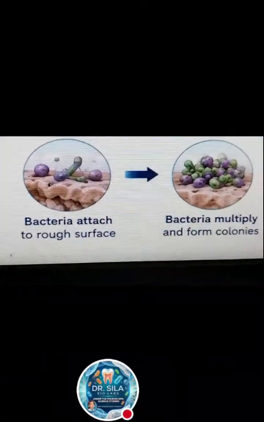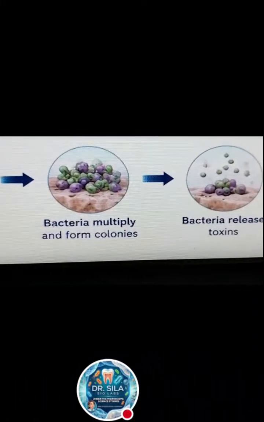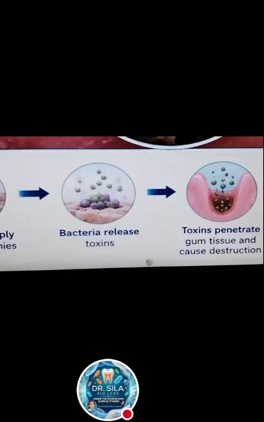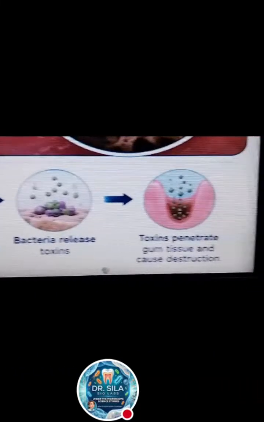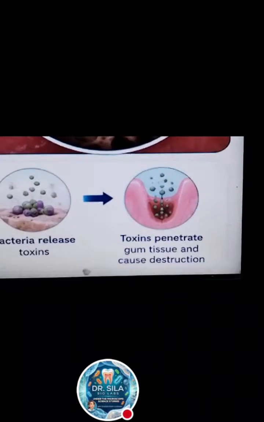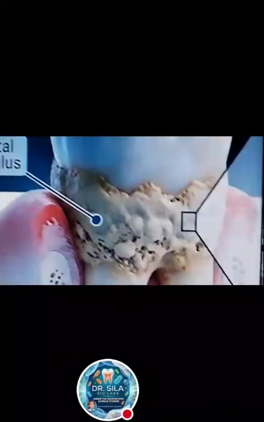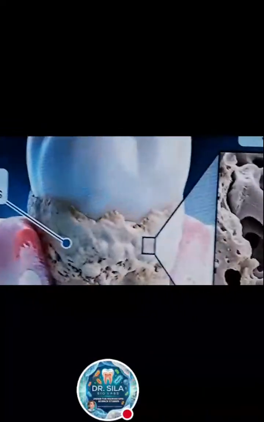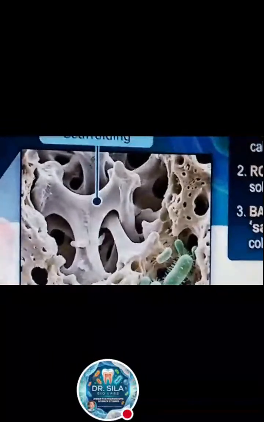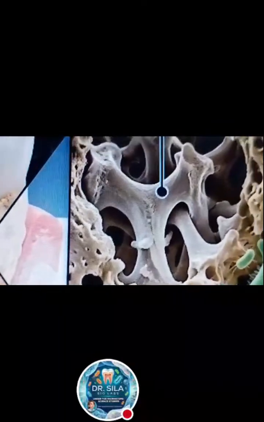Bacteria attach to the rough surface, bacteria multiply and form colonies, bacteria release toxins. Now, toxins penetrate gum tissues and cause destruction. See the pathogenic reservoir, dental calculus. Fossilized biofilm, calcified, forming a dense matrix with a rough, porous surface.